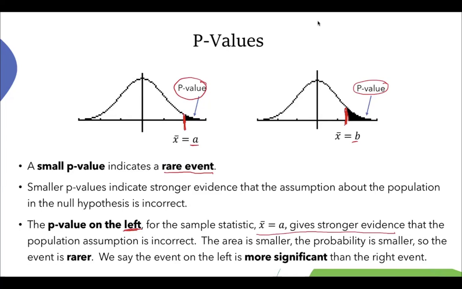The area is smaller, the probability is smaller, the event is rarer. We say that the event on the left is more significant. This is a more significant p-value than the area on the right. We say this is less significant.